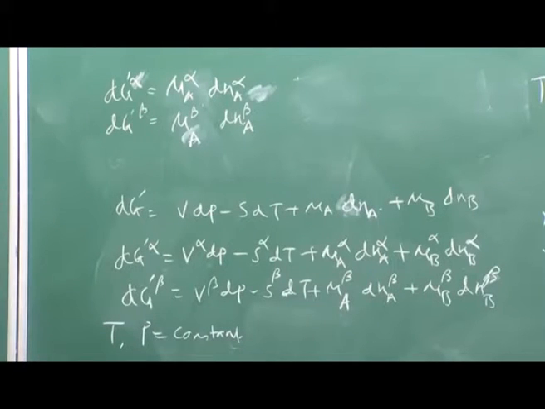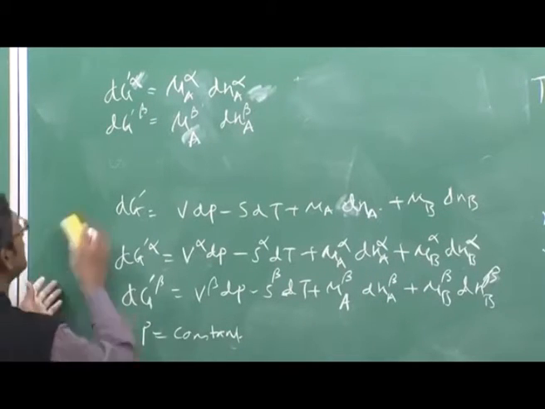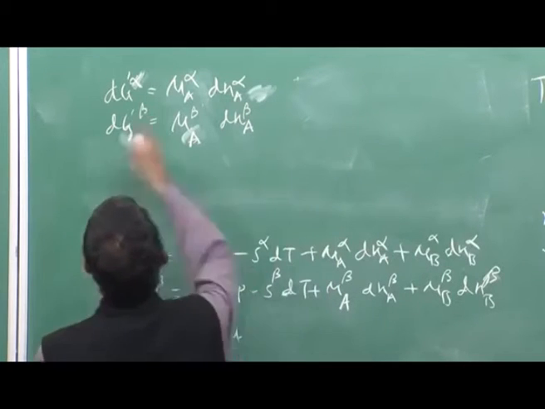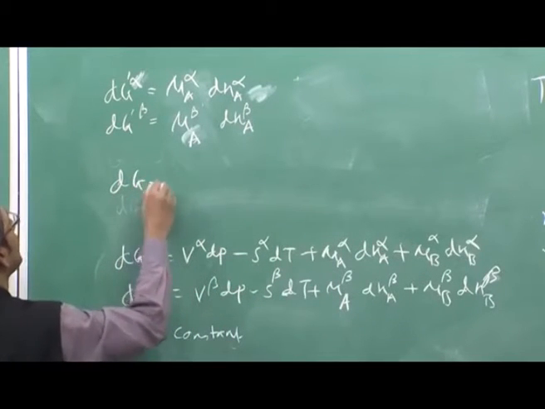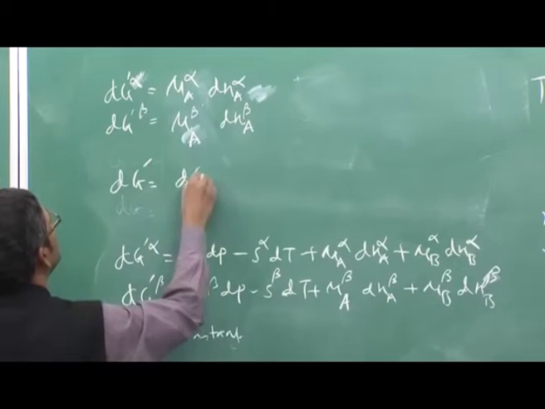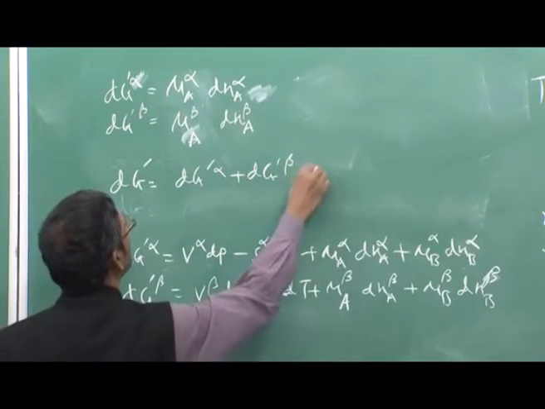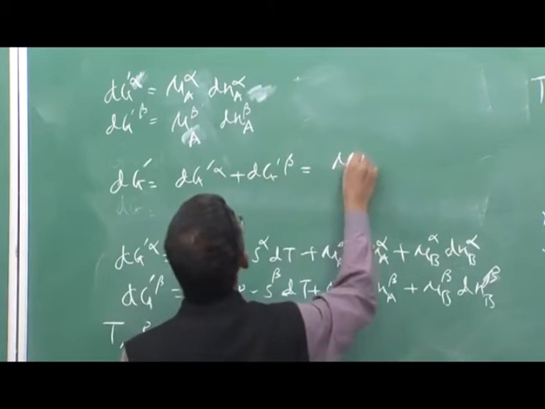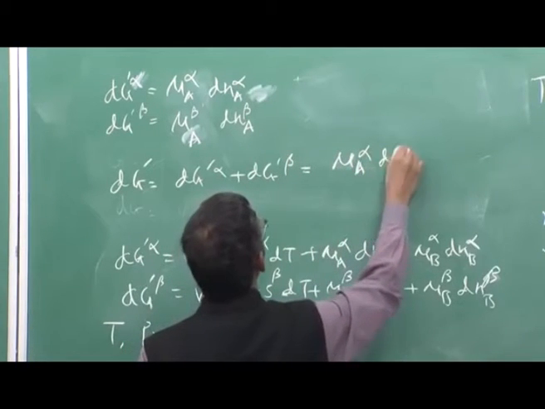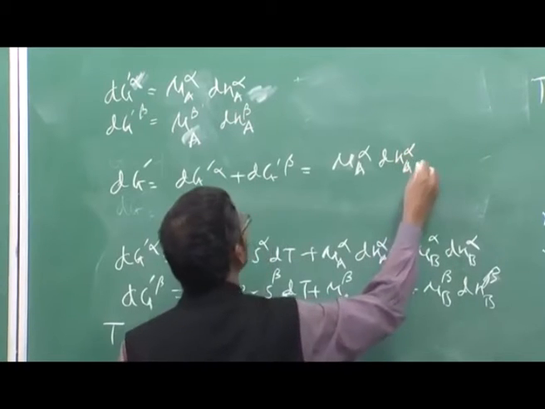I have assumed that. So now what is the total change of free energy? The total change is the addition of these two, dG' alpha plus dG' beta, that is mu A alpha dNA alpha plus mu A beta dNA beta.